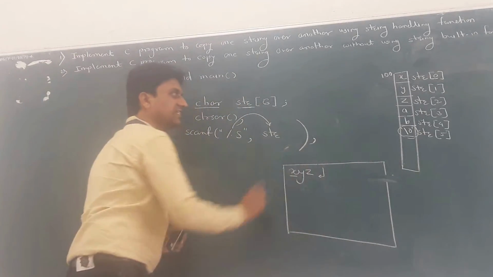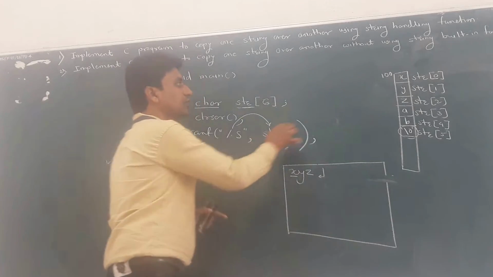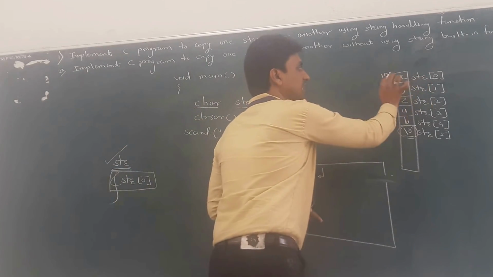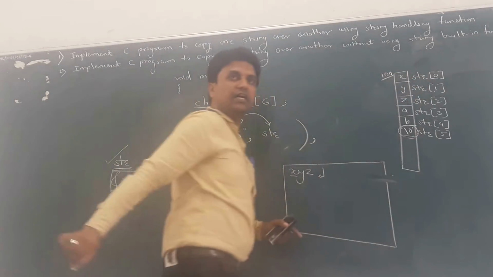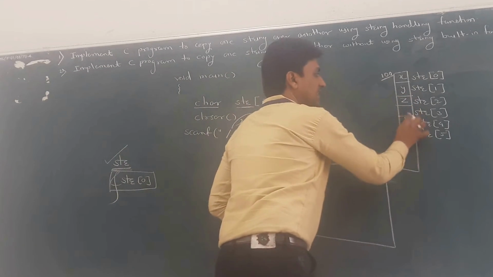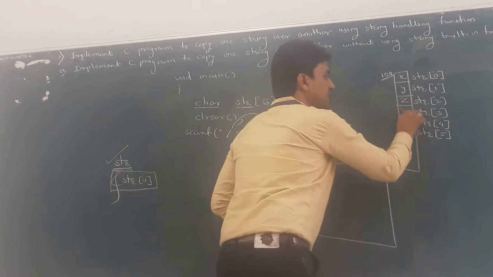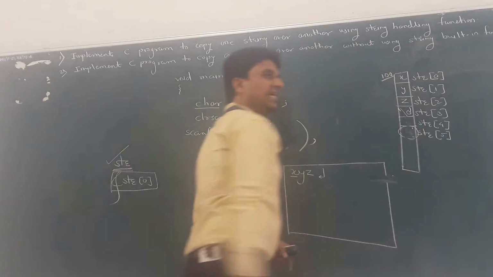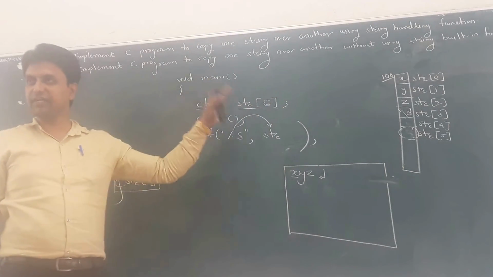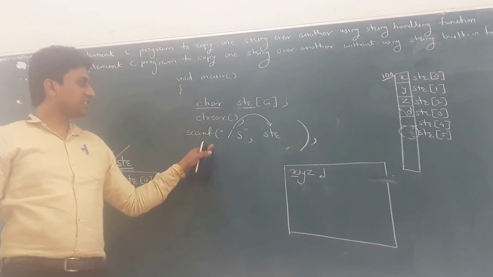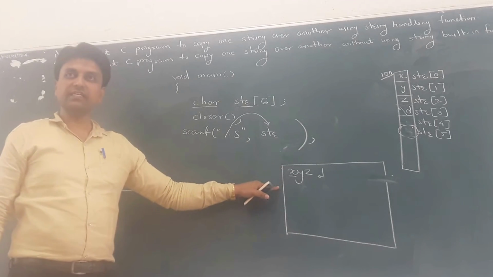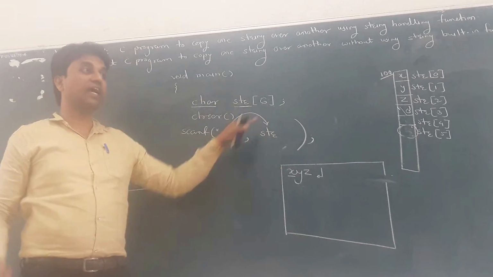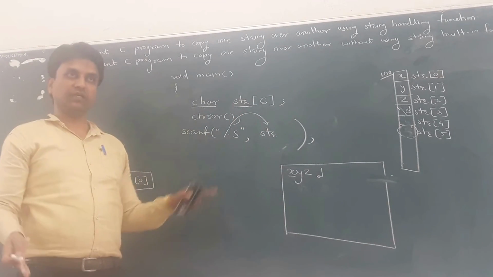This xyz string is assigned to str starting from base address 100. After the xyz, the compiler automatically adds \0 at the end of the string. So this is the second way of scanning or initializing the string at runtime.